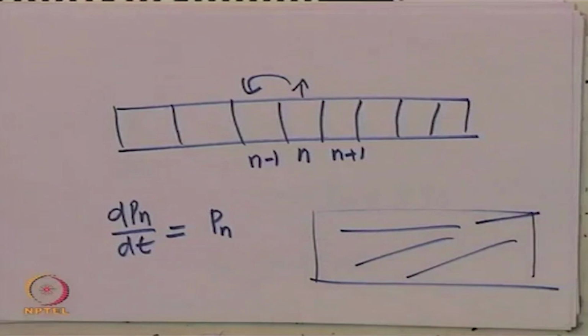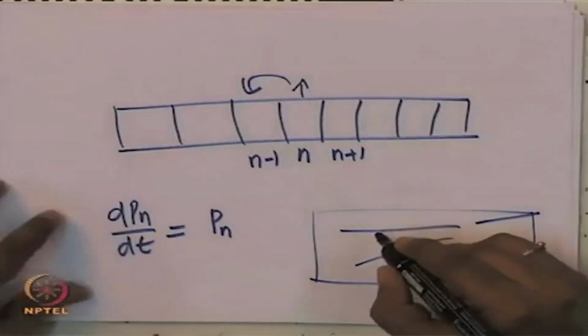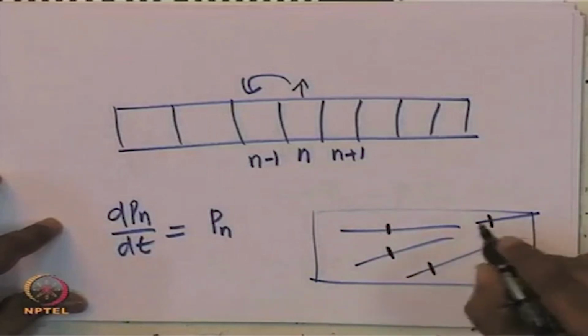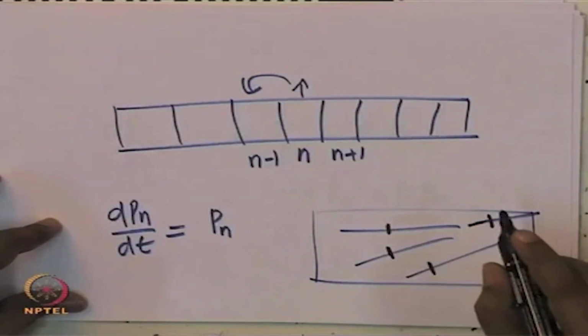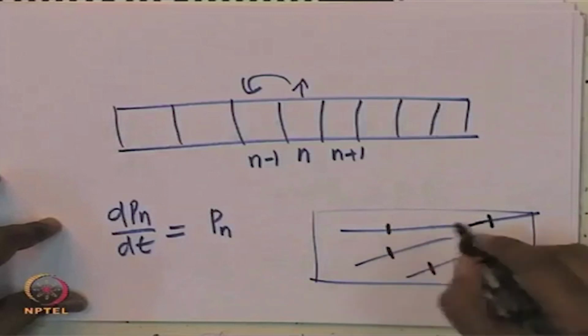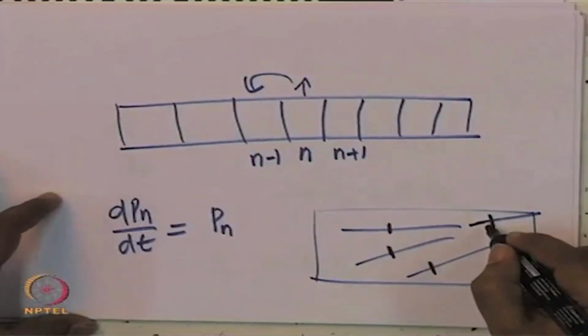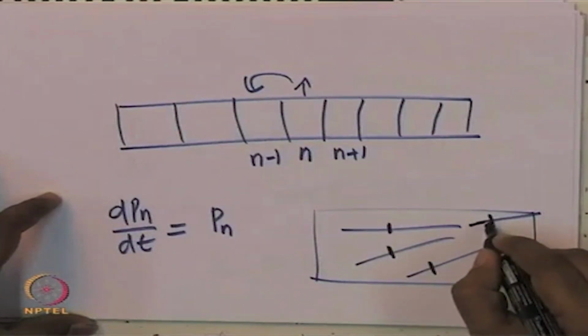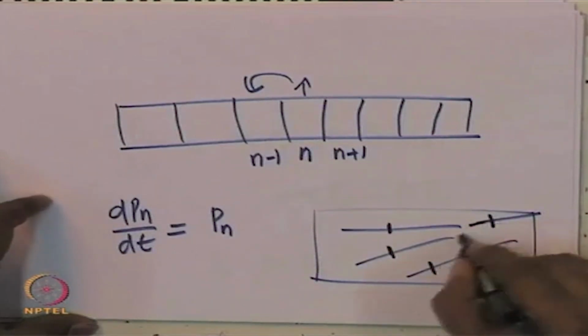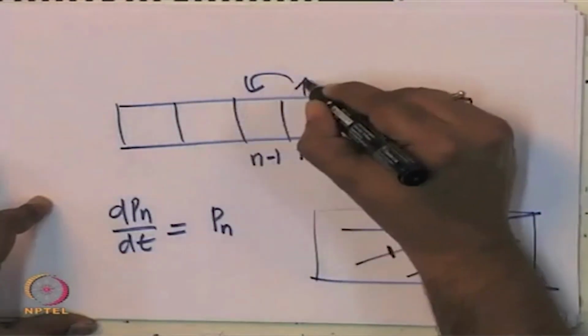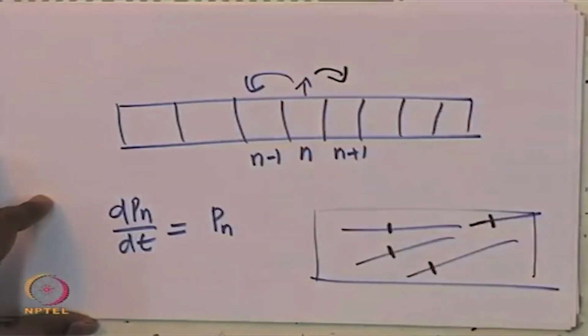In all these filaments at a particular n, if there is a molecular motor here, this is the position n on each of these filaments. N could be, let us say, the 10th monomer. So if at a particular position 10 there is a molecular motor, this molecular motor can go away to n minus 1 or n plus 1.